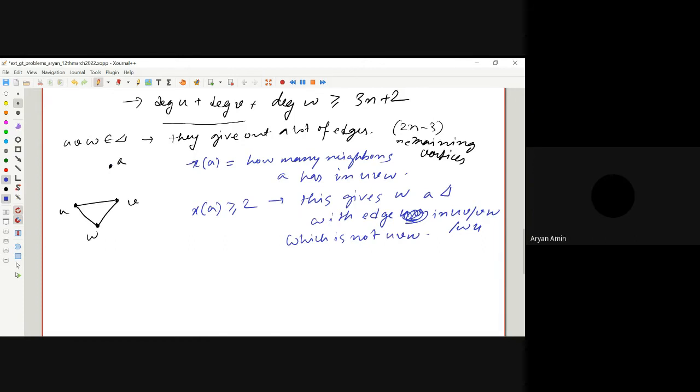Or let's say F of A instead. That would be better. So now think about it. Suppose you know that there are 2n minus 3 vertices, and the sum of their degrees is 3n plus 2. So now you can end by pigeonhole.